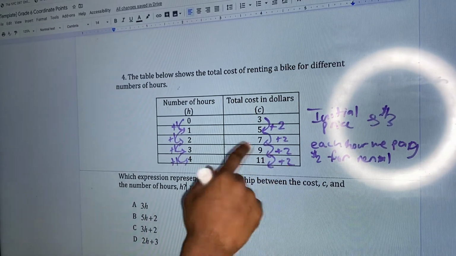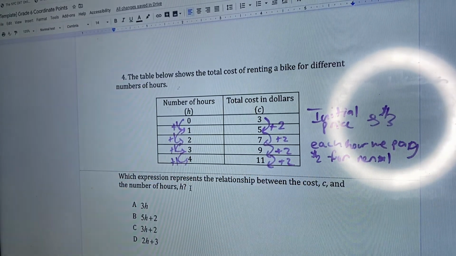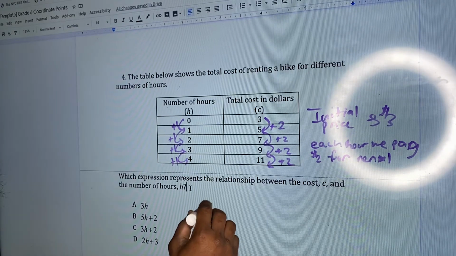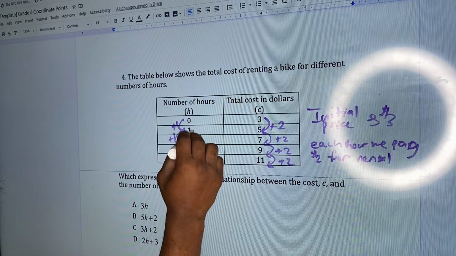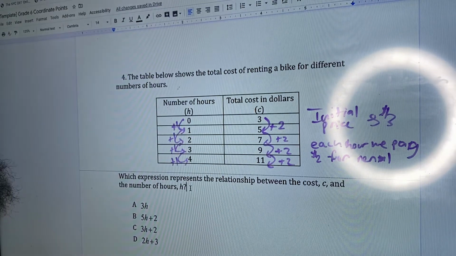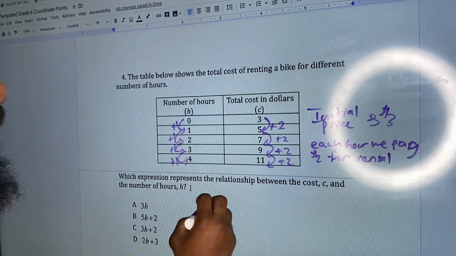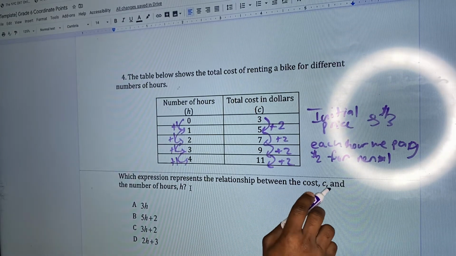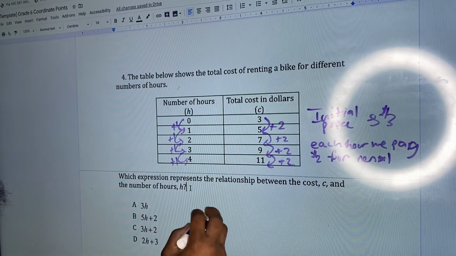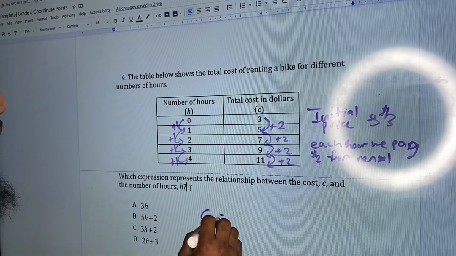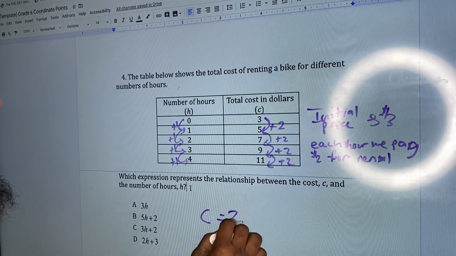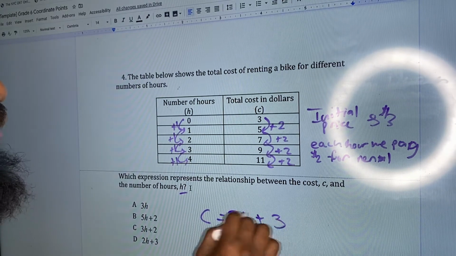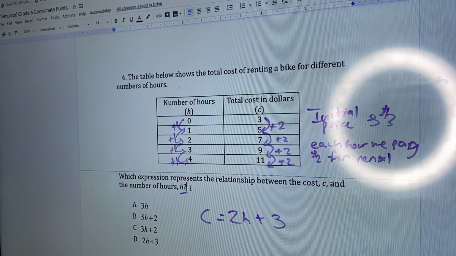So here, with the start of $3, let's say we want to rent the bike for 1 hour. Which expression represents the relationship between the cost C and number of hours H? For the cost, which you don't know yet, we have to pay $2 per hour, plus the initial fee of $3.